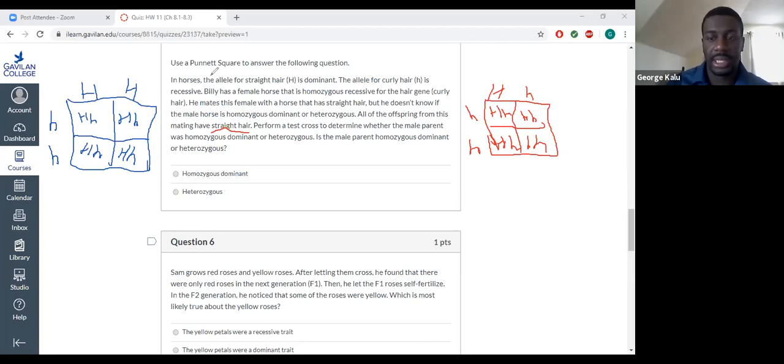So in this particular case, it would be the parent that is homozygous dominant, right? The parent that's homozygous dominant is going to be this one here.